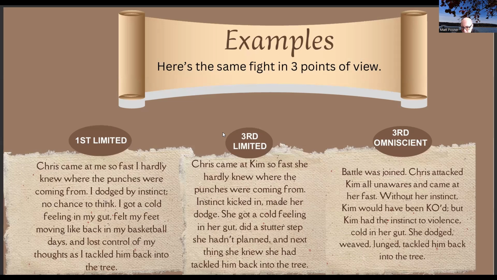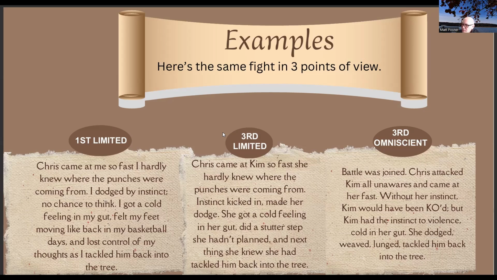And again, her movement of her feet is given its origin in her past, the only thing that she can think of. "Lost control of my thoughts as I tackled him back into the tree." So Kim is in a fight mode, and her ability to narrate is limited to what she could perceive when she's in the fight mode, because when you're in a fight mode, you tend to have a narrowness of focus.